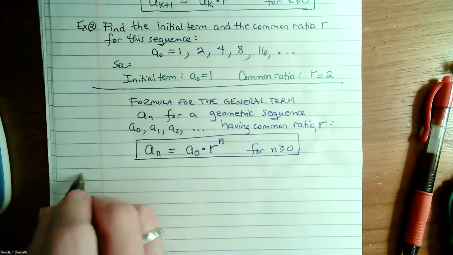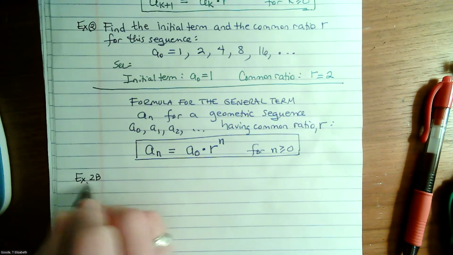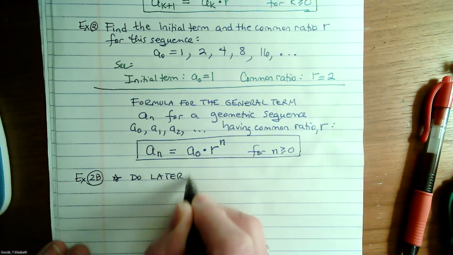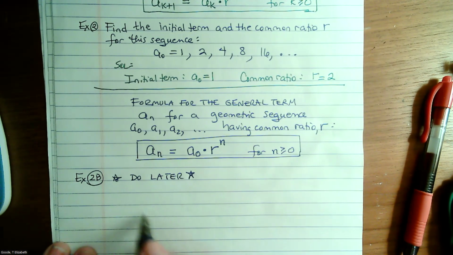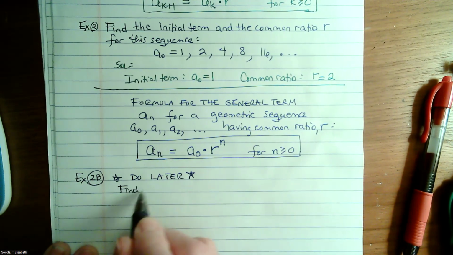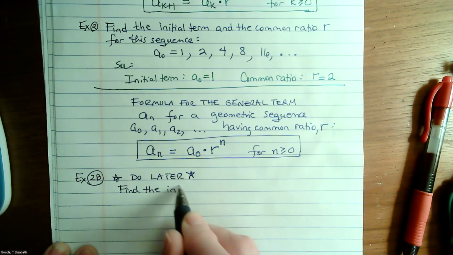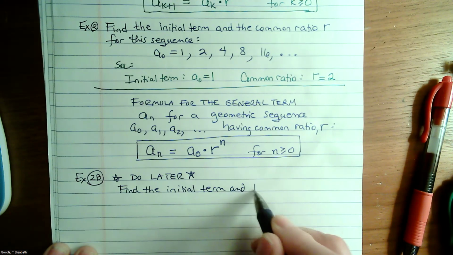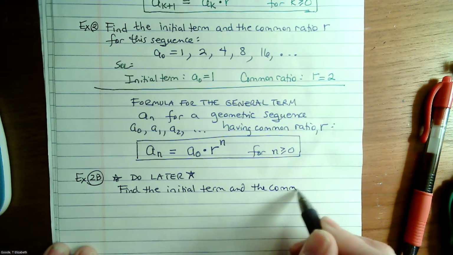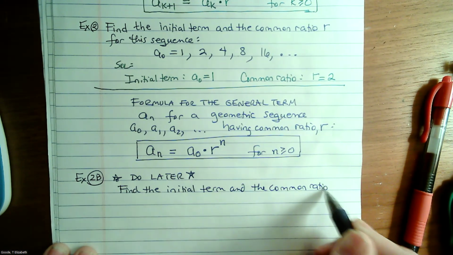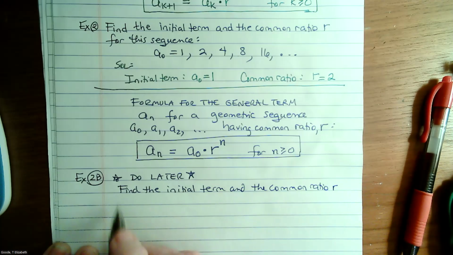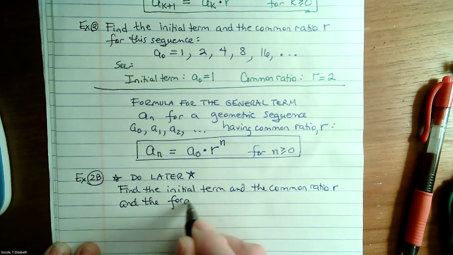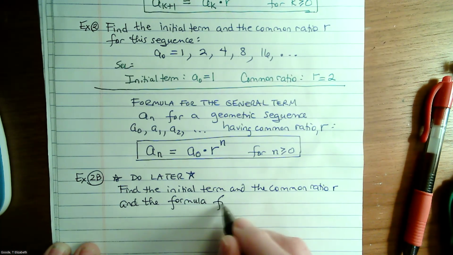So here's a little do later, just to help you feel comfortable with geometric sequences. Find the initial term and the common ratio R, and the formula for the general term a sub n for this sequence.